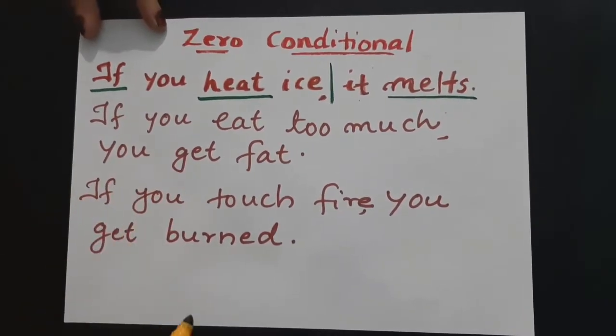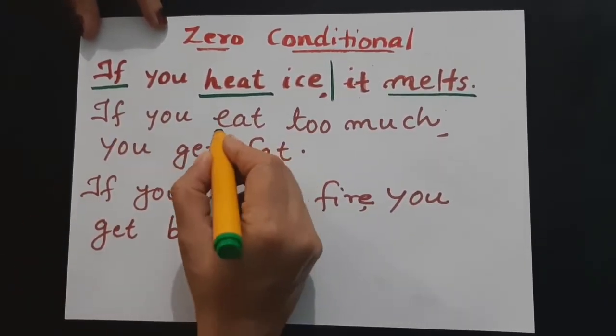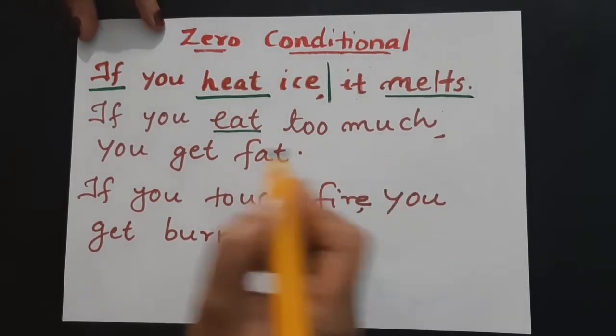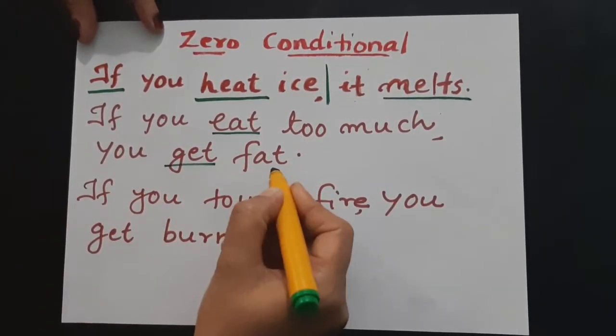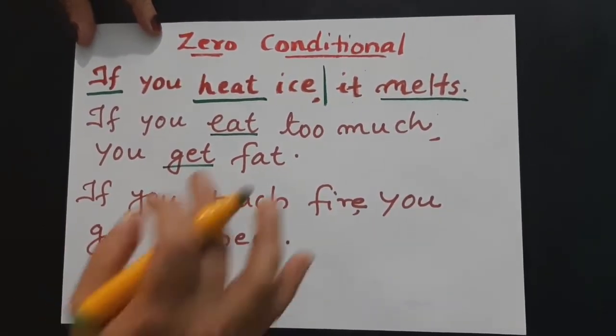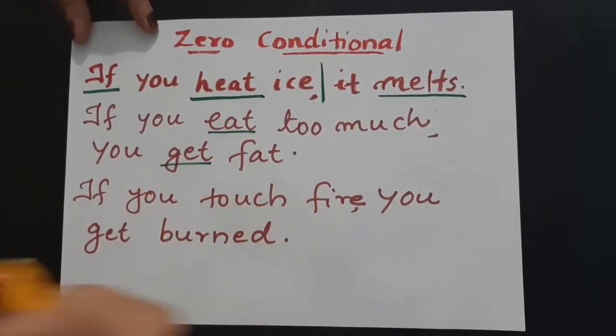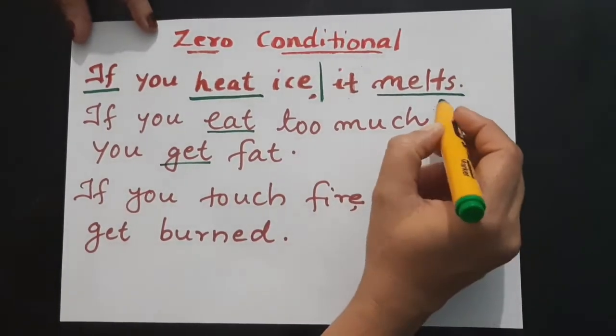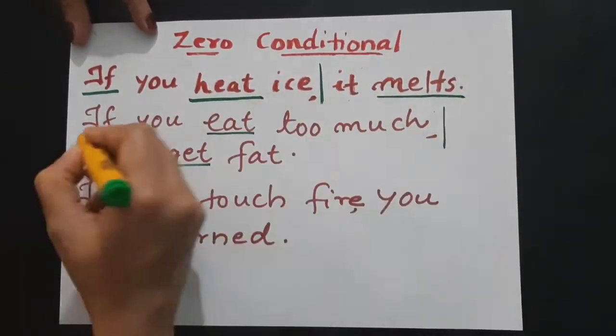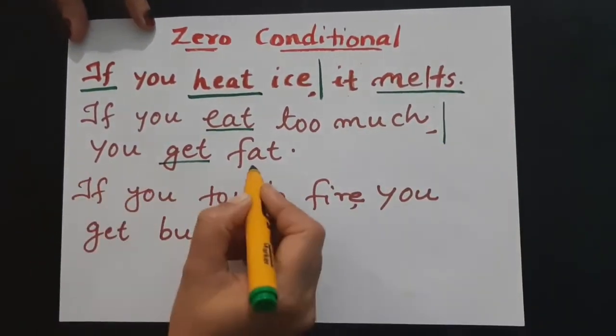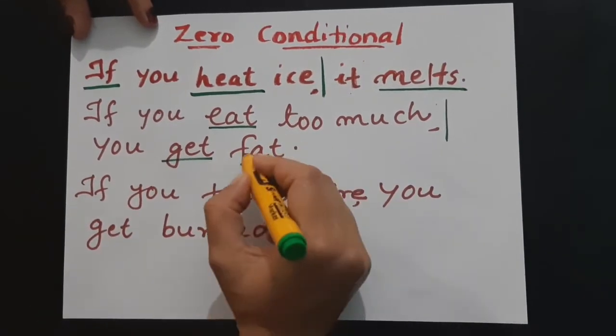Same like that, the second sentence also: if you eat too much, you get fat. This is also a fact that is always true. This is the subordinate clause or the if clause, and this is the main clause, or you can say the result clause.